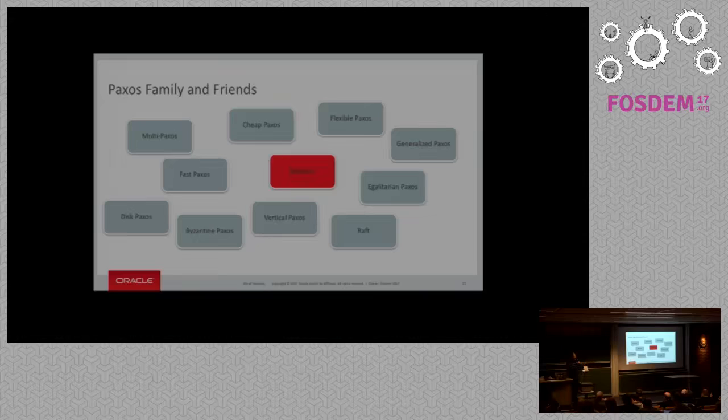Our solution is pretty similar to Mencius, but was not initially based on it. There are a few differences between our implementation and Mencius, but if you want to pick one paper that has a lot of similarities to our solution, I would say that is Mencius.